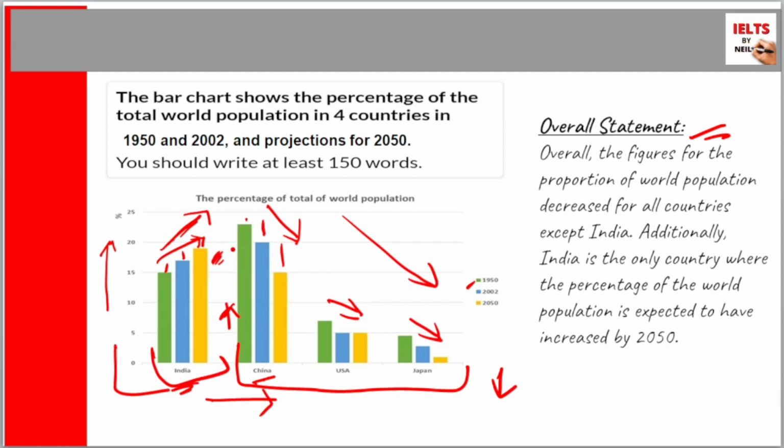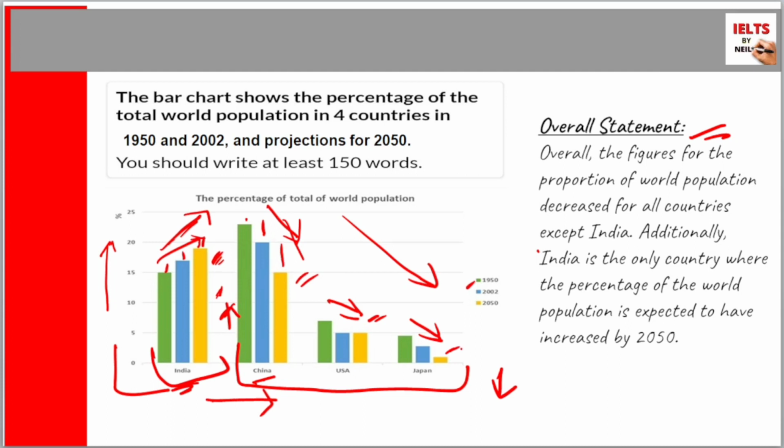So India will be the highest in terms of population in 2050, right? Additionally, India is the only country where the percentage of the world population is expected to have increased by 2050. Otherwise, China is decreasing, this is decreasing, and this is decreasing as well.